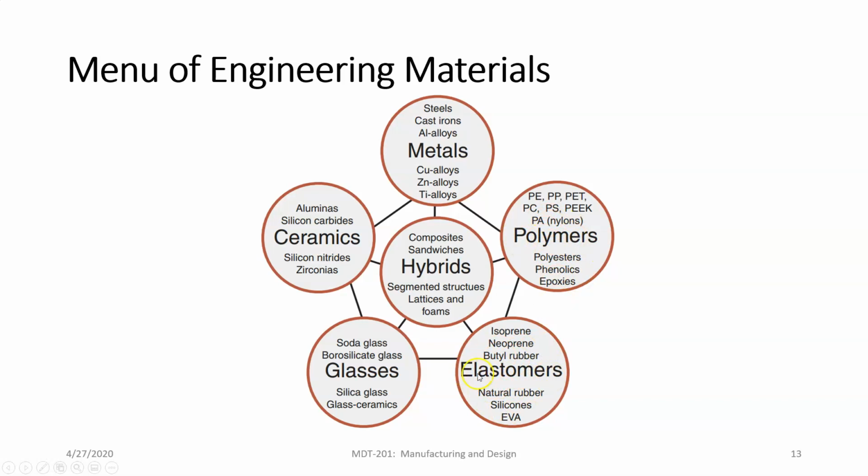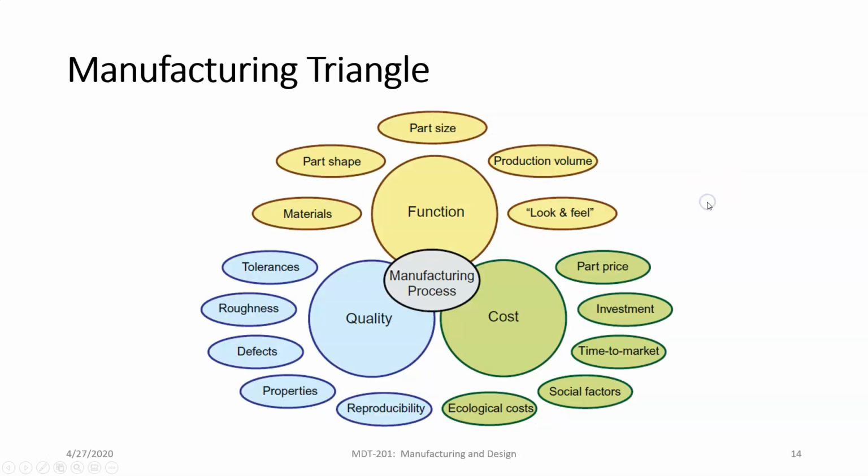Continuing down here, we have the elastomers or the rubbers, then glasses, ceramics, and then in the middle, we have hybrids. This is where we join these different major materials together to make these hybrids. So this can help you understand what the menu is. This is not an exhaustive list, by the way.